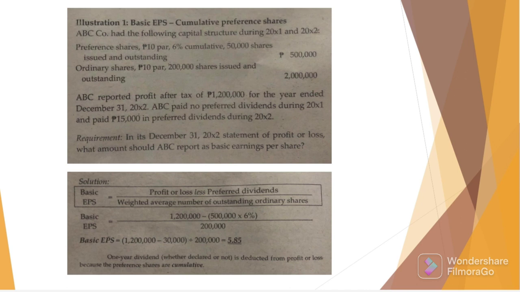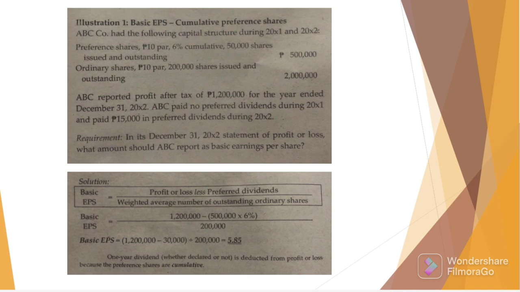Magre-refer tayo sa solution na profit or loss less the preferred dividends divided by the weighted average number of outstanding ordinary shares. For the profit or loss, we have 1,200,000 na nakalagay sa given minus preferred dividends na 500,000 times 6% na kinuha rin sa given na preference share.